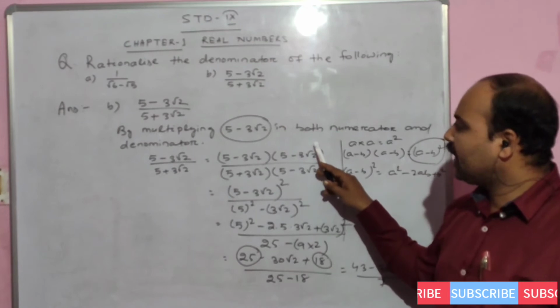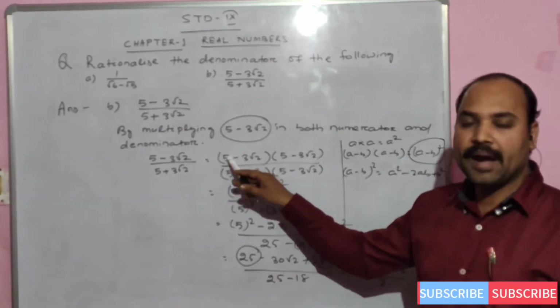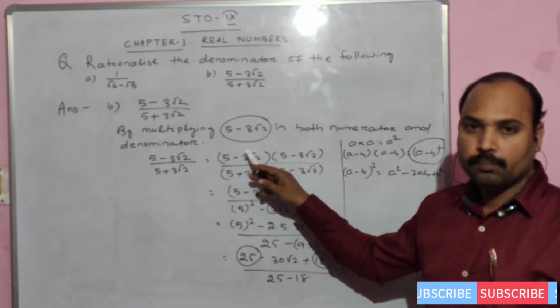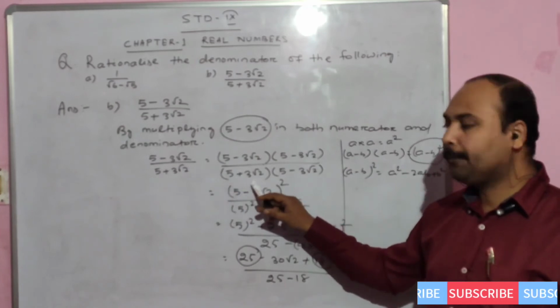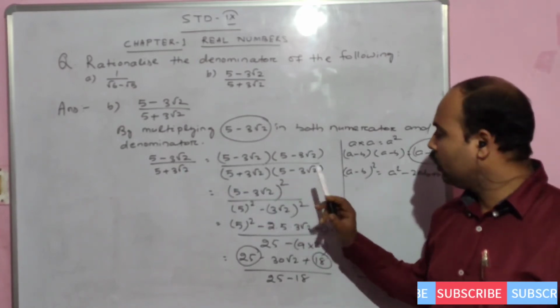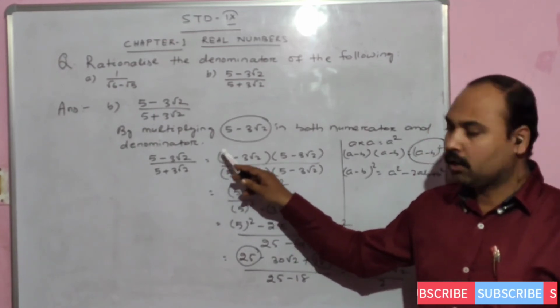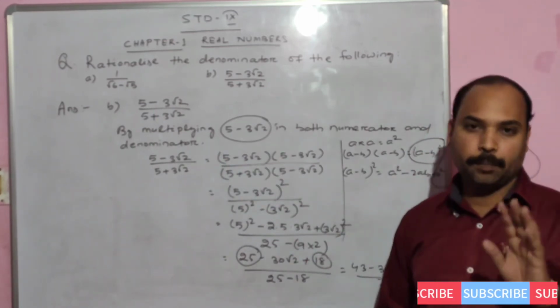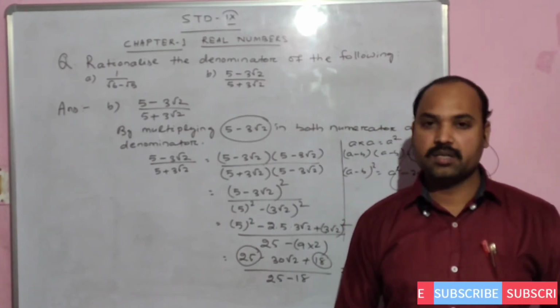When we multiply the conjugate number in both numerator and denominator, we will get (5 - 3√2) into (5 - 3√2) upon (5 + 3√2) into (5 - 3√2). So here in your numerator, 5 - 3√2 is multiplied 2 times. When any number is multiplied 2 times, we get its square.